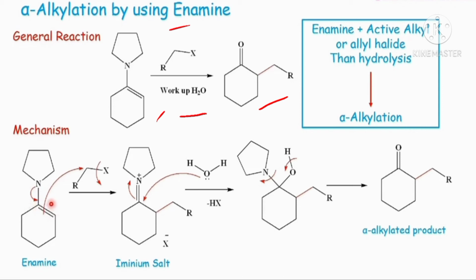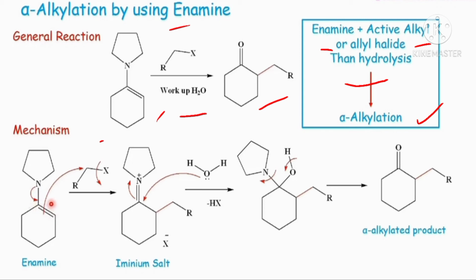Okay, enamine reacts with an active alkyl halide or allyl halide, then hydrolysis takes place and the formation of the alpha alkylation reaction. Next is the mechanism of the formation of the alpha alkylated product.